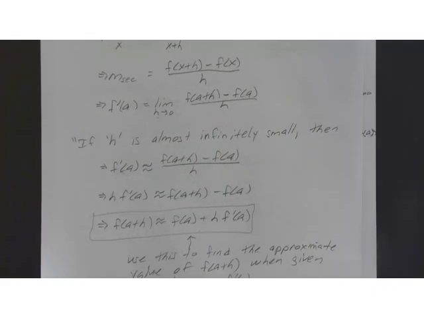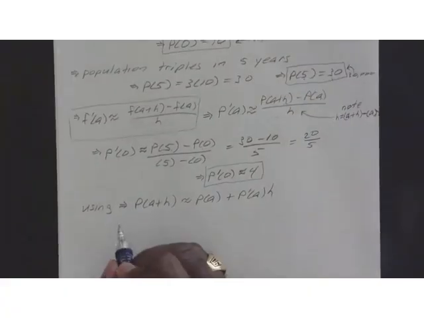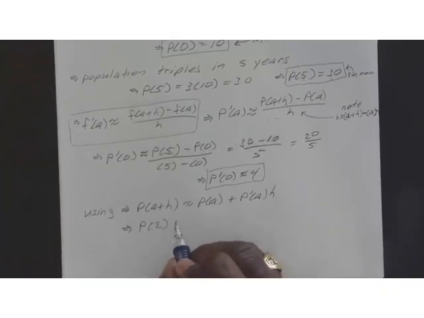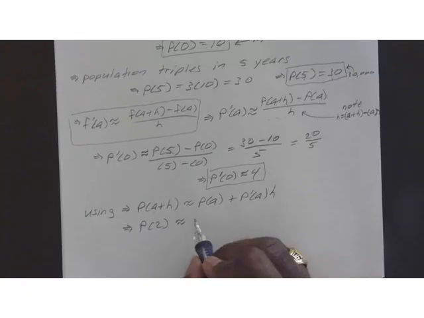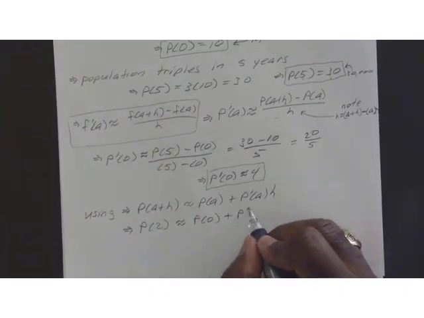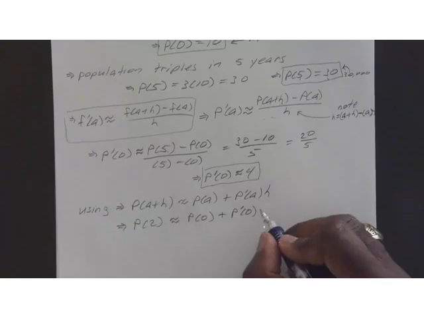To find our approximate value, which still stems from the amount of change, we just kind of built onto it. Okay, so that means that p of 2 is approximately equal to your current population plus your rate of change at the current population times h.